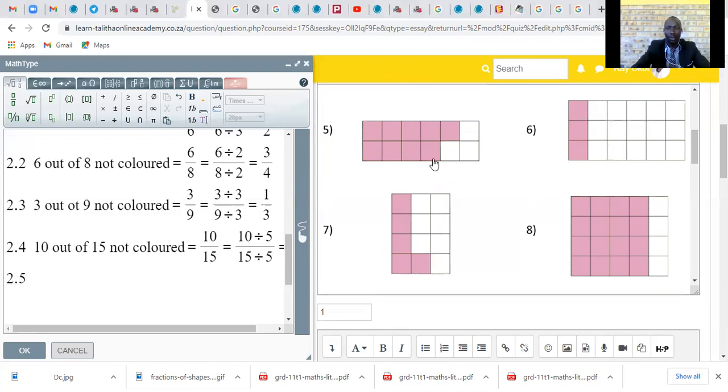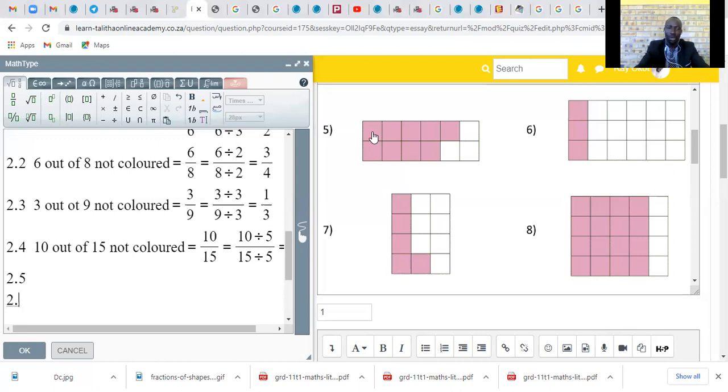So you count 1, 2, 3 out of 4, 5, 6, 7, 8, 9, 10, 11, 12. So 3 out of 12 squares are not colored. So you write that down as 3 out of 12, and then you write it in a fractional notation, from which you can also go ahead to simplify.